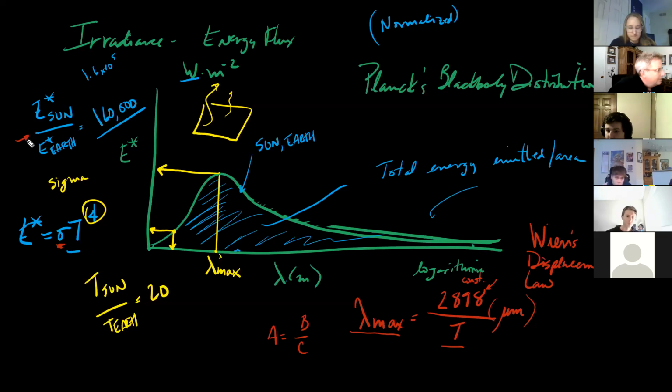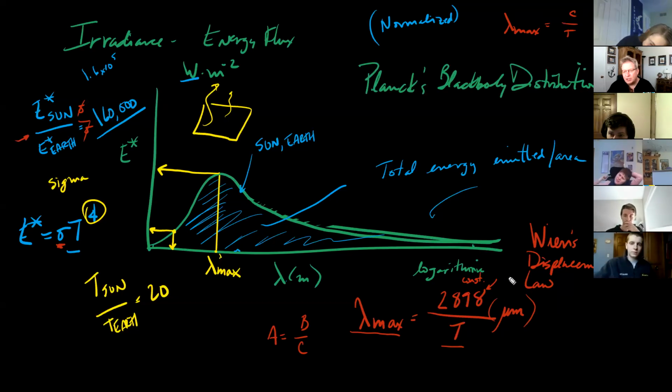Comparison, ratio, fraction. When I was in this equation, whatever was in the numerator, sigma, was also in the denominator, and I canceled it out. So I could have said lambda max is a constant over temperature. But I didn't. I gave you a specific number, and you'll see why I gave you that number.